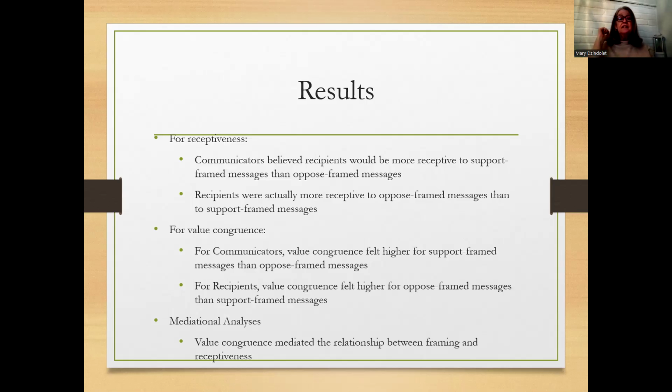And sure enough, they did a mediational analysis and found that value congruence absolutely mediated the relationship between framing and receptiveness. So if framing led to high value congruence, then you were more receptive. You either thought that someone would be more receptive or you guessed that you would be more receptive. So they got support for their hypothesis.